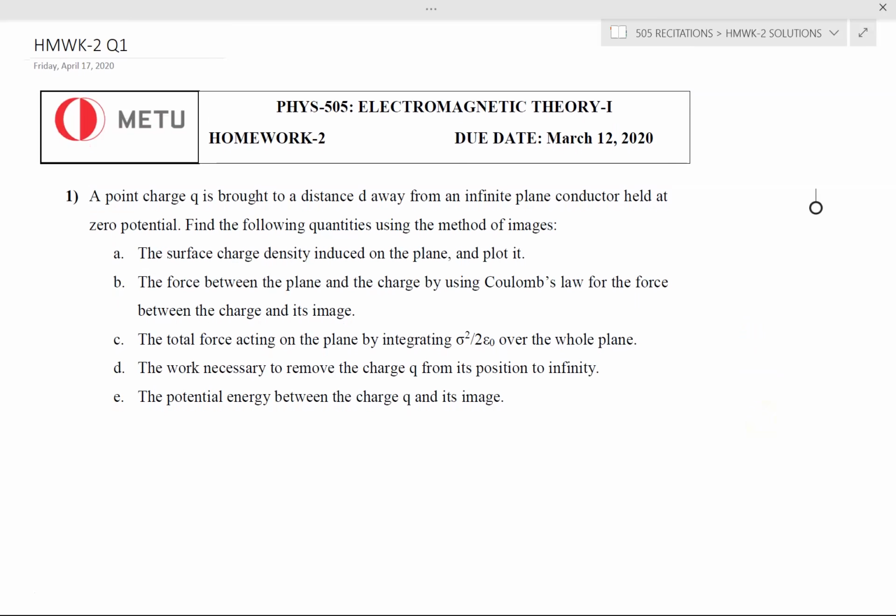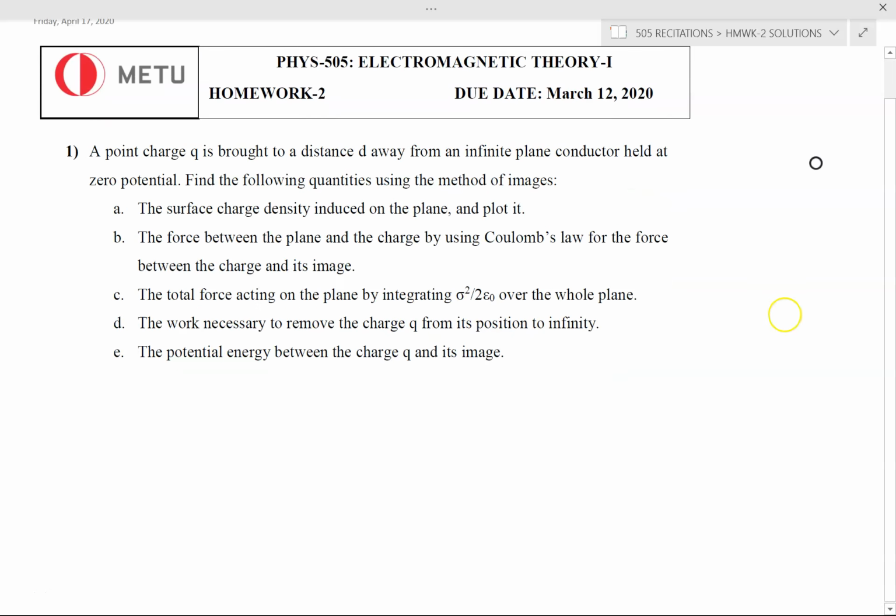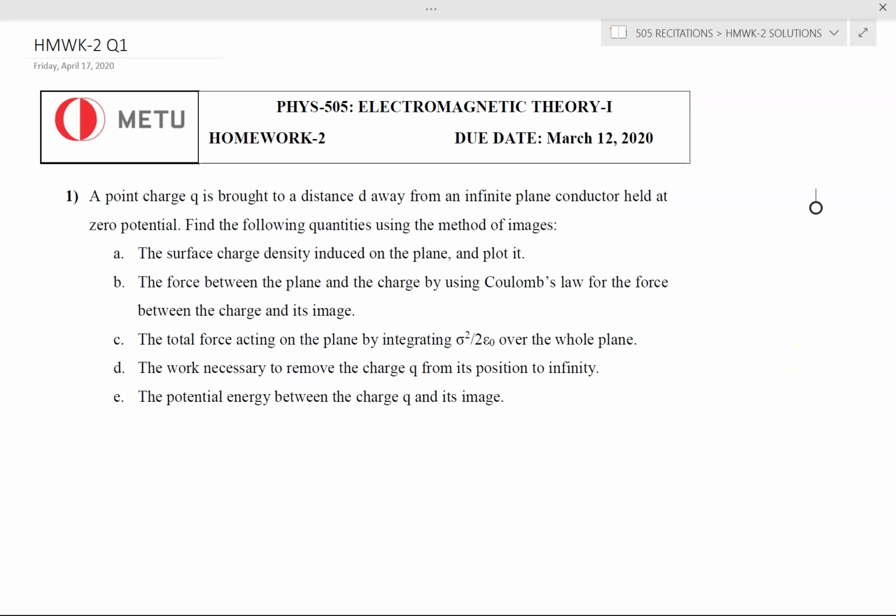This homework has been dealing with three significant matters. One of them was the method of images, and we will be applying that method for three different cases in this session, and the others were the Laplace equation and the Poisson equation.